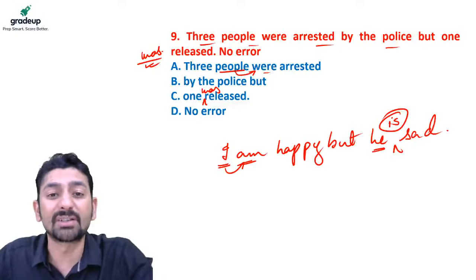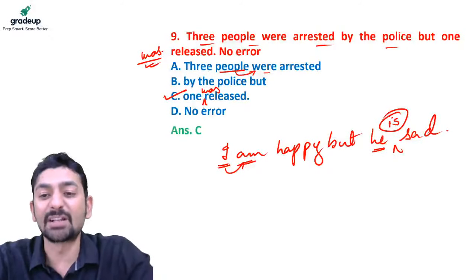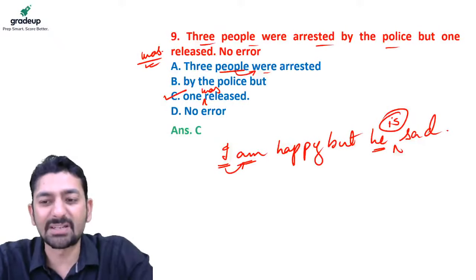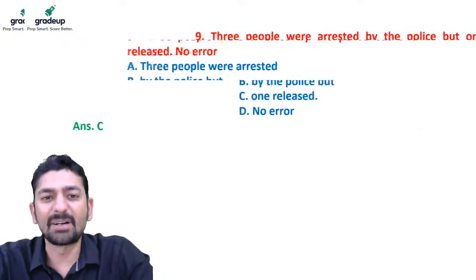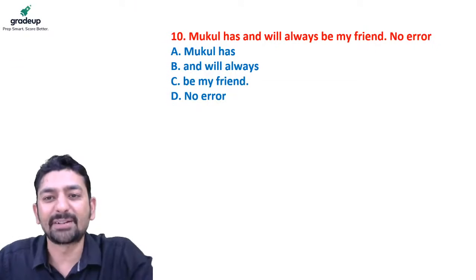The verb is not there. So error is in part C. Whosoever said C was absolutely right on this one. Okay, error was in part C. Understood? A very simple concept. Let's move on to the next question. Okay, question number 10. It says, Mukul has and will always be my friend.